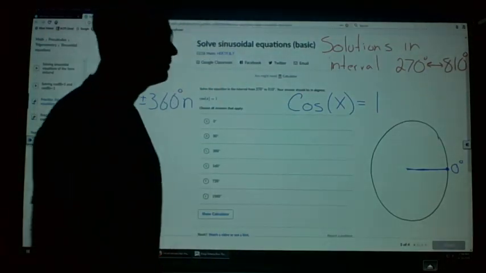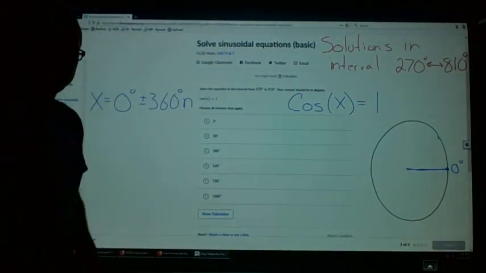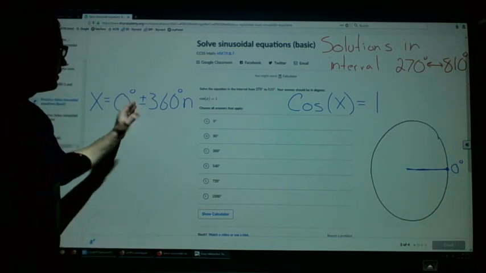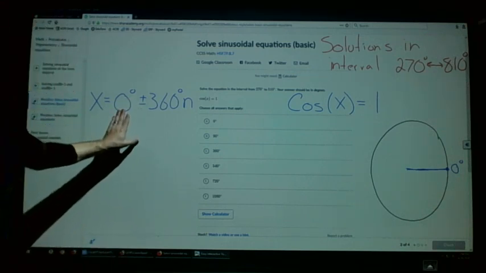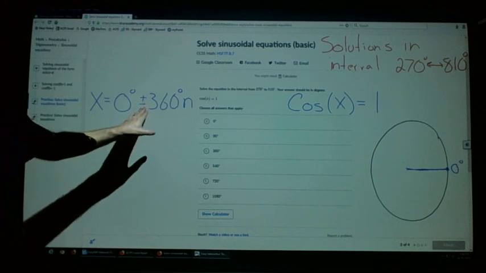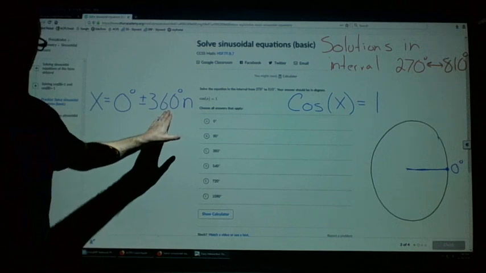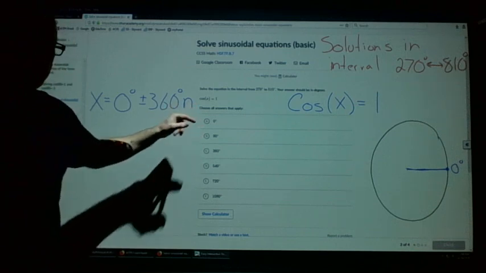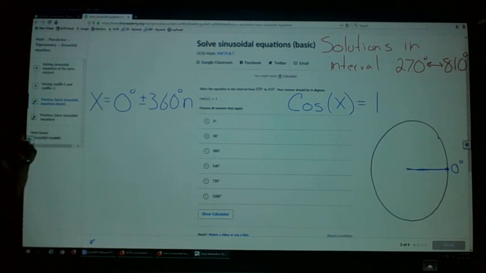Okay, well, we need a way to generate solutions, and that's what this does. Look at 0 degrees is a solution, and you will find more solutions by adding or subtracting 360 degrees as many times as you want, n times. Okay. So let's look at that.